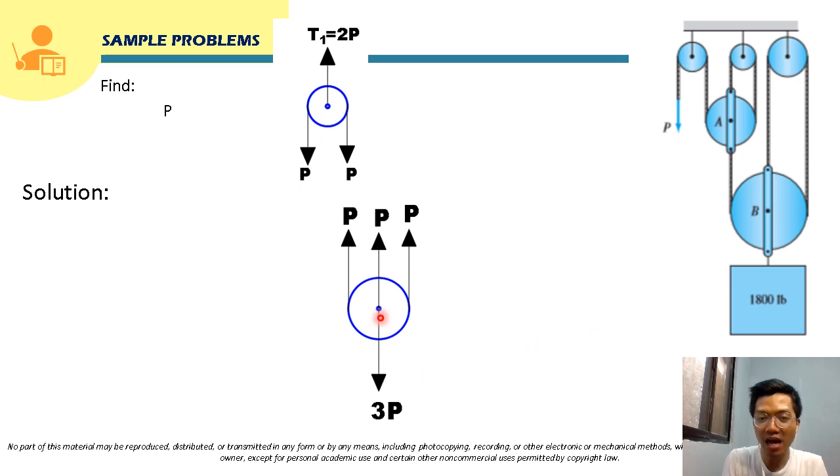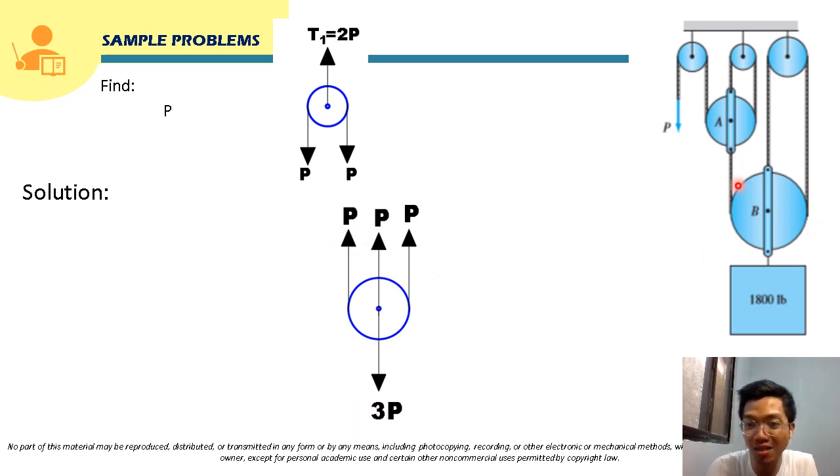To keep pulley A in equilibrium, if we sum up forces here, this downward force should be equal to the upward forces here. So this downward force should be equal to 3P, since the forces that will support it will be P plus P plus P. So it should be 3P here.